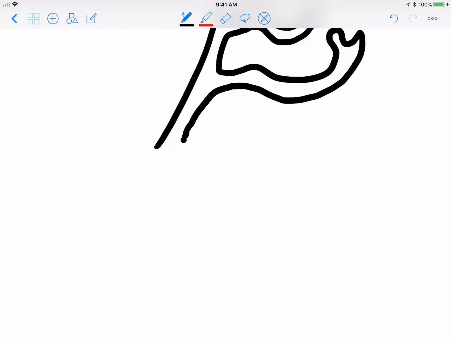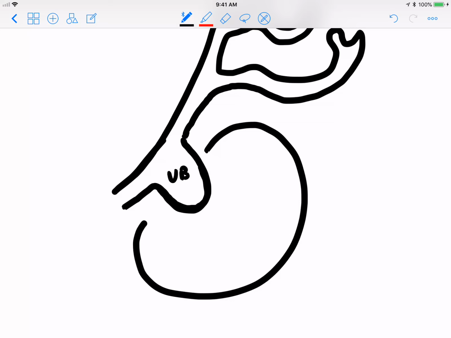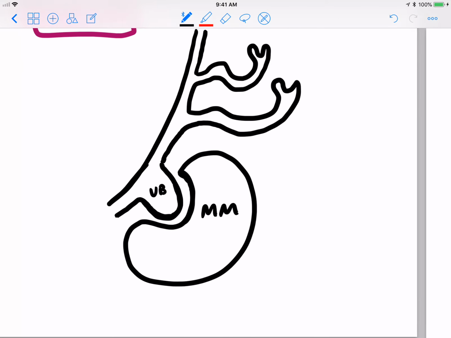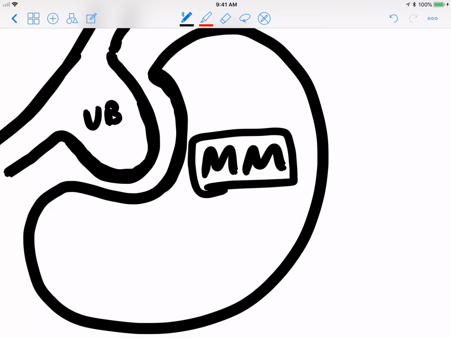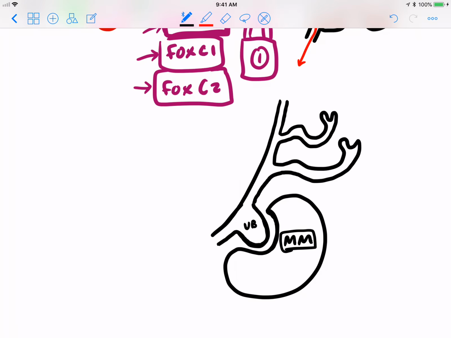We have a little outpouching that happens right around here, and this is happening around week 5. This little outpouching is called the ureteric bud, and that's advancing towards our metanephric mesenchyme. And I didn't make this look like a kidney accidentally, because the metanephric mesenchyme is what becomes the kidney proper.